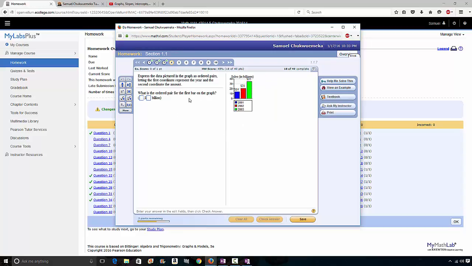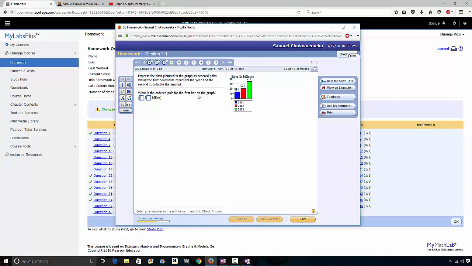Here they want us to express the data pictured in the graph as ordered pairs, letting the first coordinate represent the year and the second coordinate the amount. The year is in this legend. The legend is blue for 2001, red for 2002, and light green for 2003.